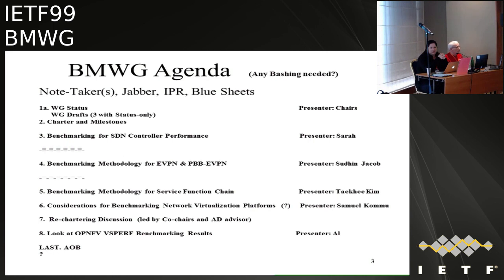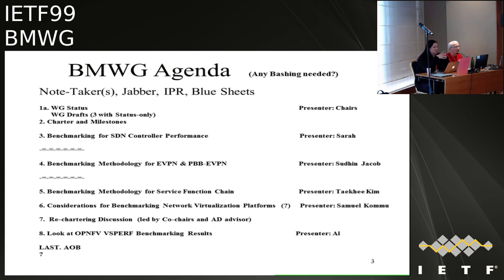Then we have a draft which is sort of on its way to working group adoption. We had good support at the last meeting for adopting it. We had many people say on the mailing list that they would support it, but only a few said that they would actually review the document when I reminded people that that's a part of supporting the document.